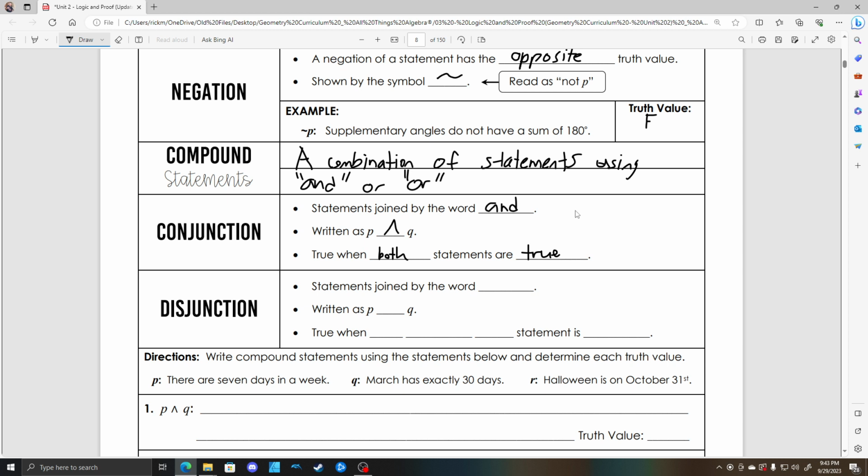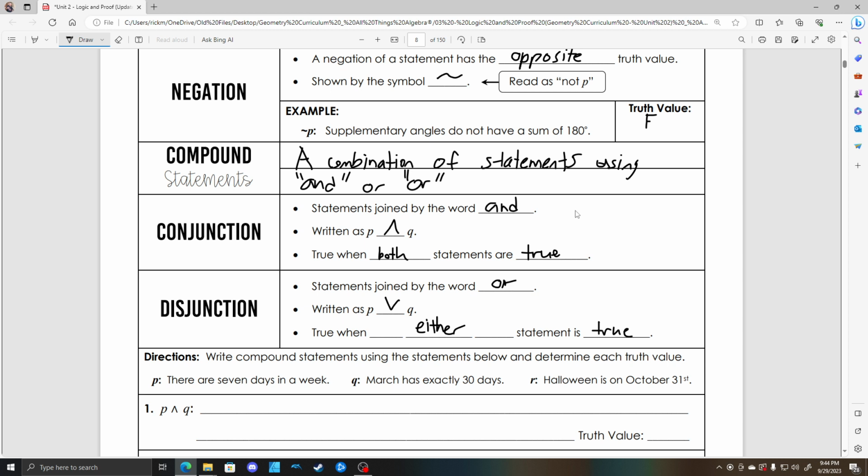So what about the opposite? What about disjunction? So in disjunction, statements are joined by the word or. And it is written as P or Q, and it looks more like a V, right? So I always just remember it as the A means and the V is the opposite. So this is true when, I don't know why they give you three things here, but this is true when either statement is true.